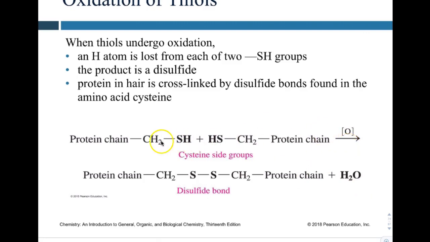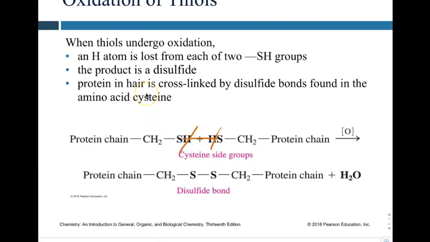So if you have two thiols hanging out next to each other and you lose the hydrogen, they're going to bond with each other. So it's not necessarily an increase in bonds to oxygen, as it is also a decrease in bonds to hydrogen. We're losing these two hydrogens right here, and the sulfurs make a bond together to keep their 8.